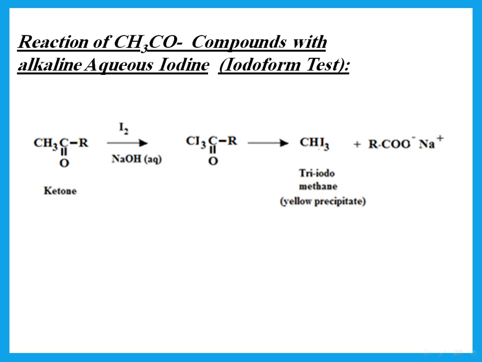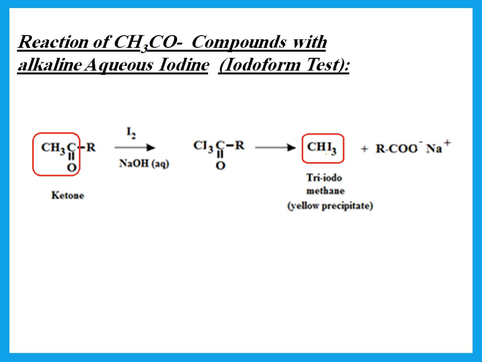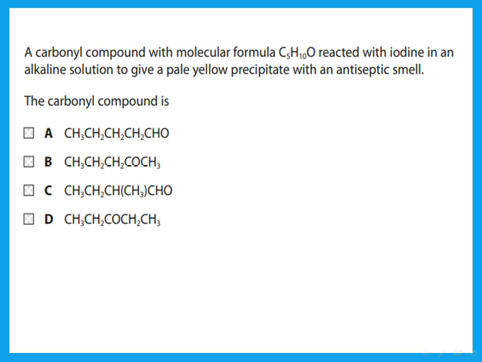So this is alkaline aqueous iodine. And it forms a yellow precipitate. Can you see the yellow precipitate? So formation of a yellow precipitate in the iodoform test shows that I have my ketone, I have a group which is CH3CO.